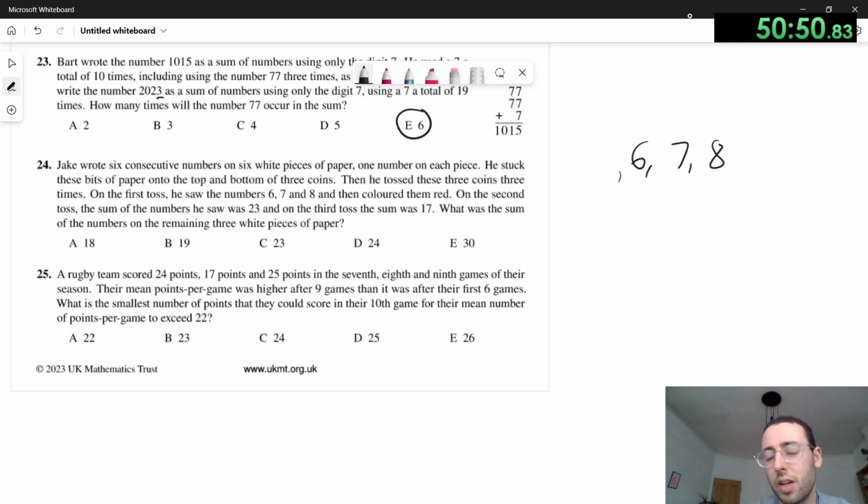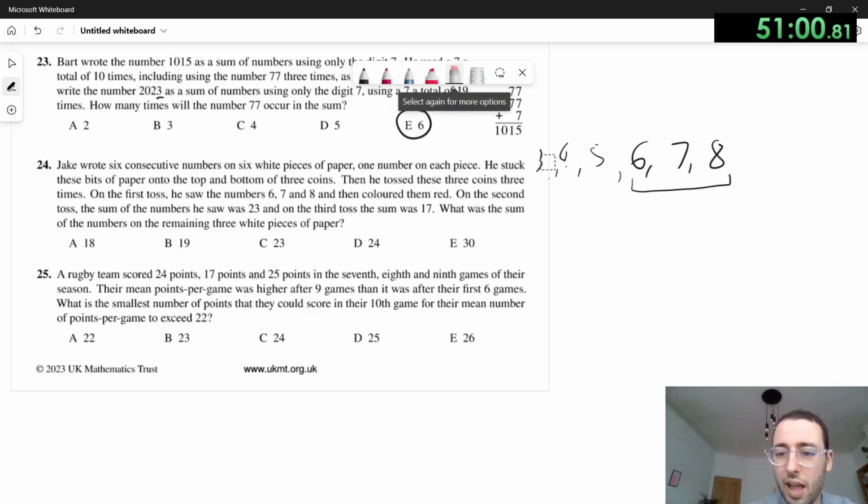So I don't think we can go down. If I flip 3 coins, the maximum I can get is 21. So there aren't any digits below it.